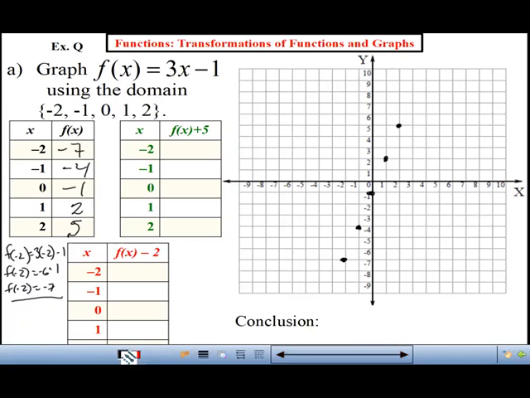And get your ruler and sketch your line. There it is. And let's label this. This is f of x equals 3x minus 1.